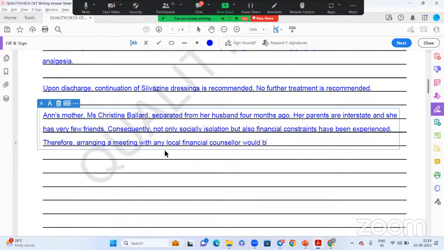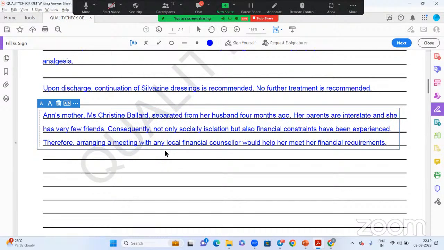Counselor would help her meet her financial requirements, another style, or needs.